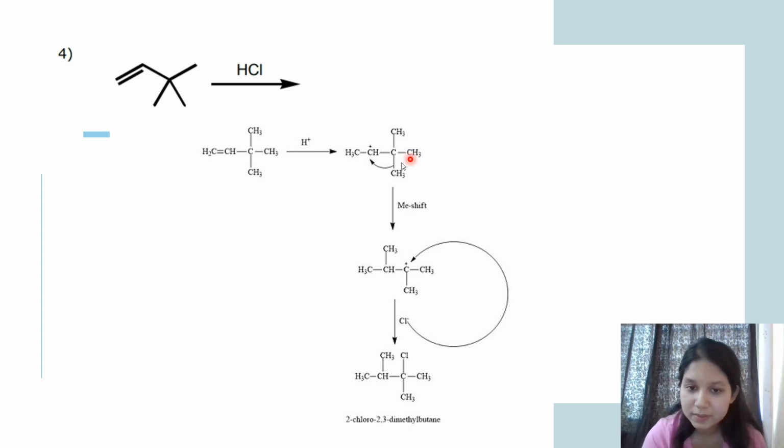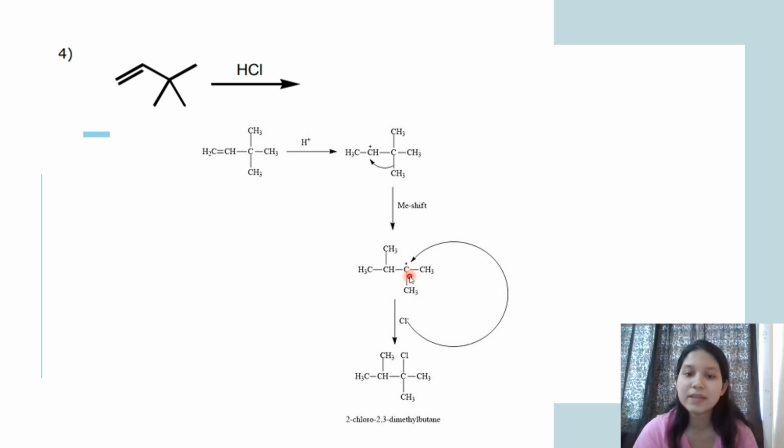So see what happens. Earlier you are getting a secondary carbocation, but if you shift a methyl from this position to the secondary carbocation, this positive charge will get neutralized. But now, since one methyl group has left, this carbon has donated its methyl group, this carbon will become positive, which is a tertiary carbocation. So you can ask, what is the driving force of this methyl shift?